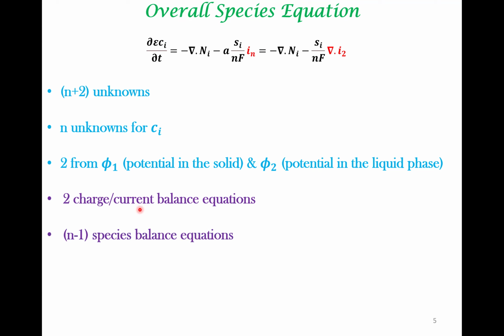We have n-1 independent species balance equations, like this one. And then we have an electroneutrality equation. So this gives you n plus 2 equations for obtaining n plus 2 unknowns. This completes the specification of equations to get the n plus 2 unknowns.